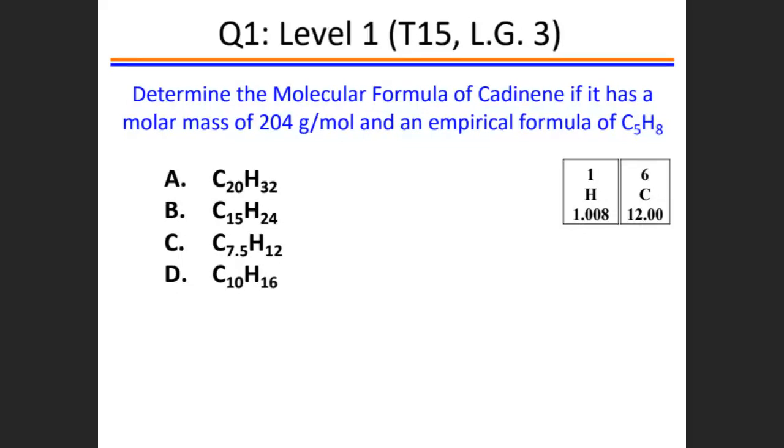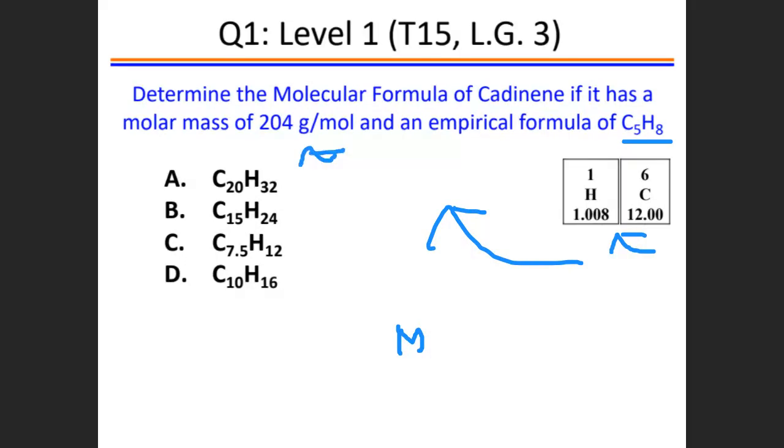Determine the molecular formula of cadmium if it has a molar mass of 204 grams and the empirical formula. I think from the question you got it, that this is your molecular formula question. Second one, you have your C5H8, they give you here, and you have the molar mass.